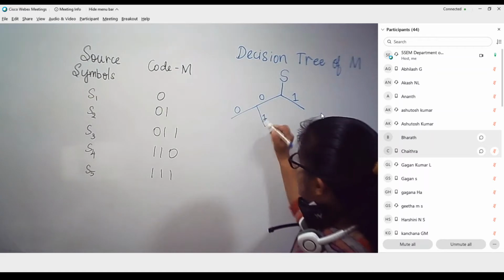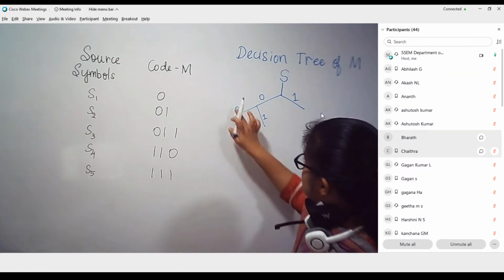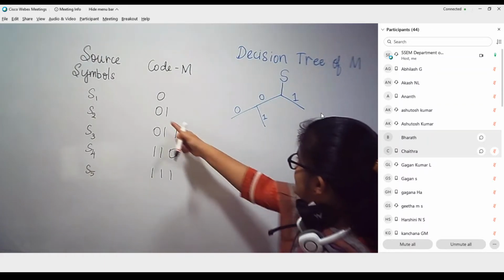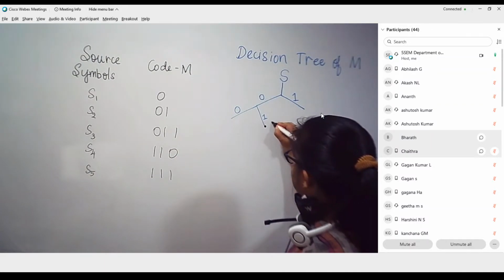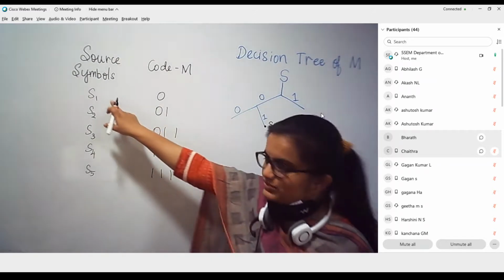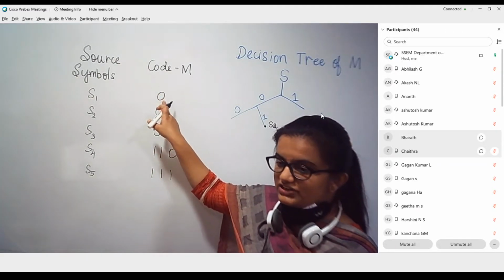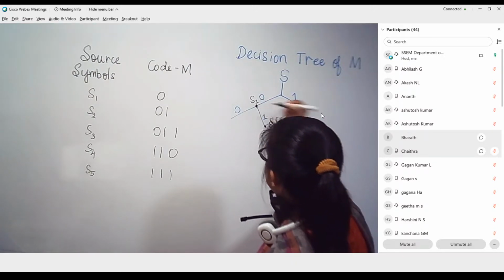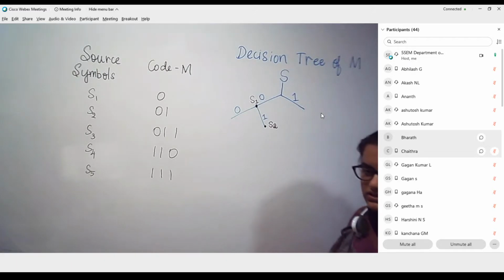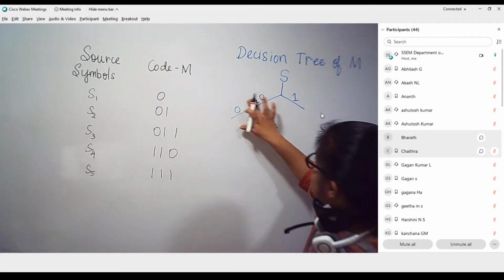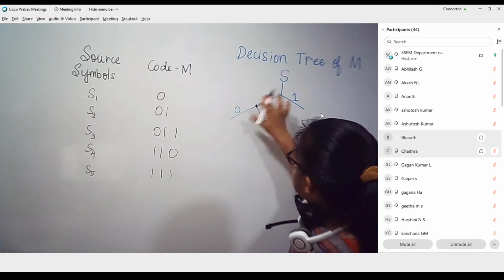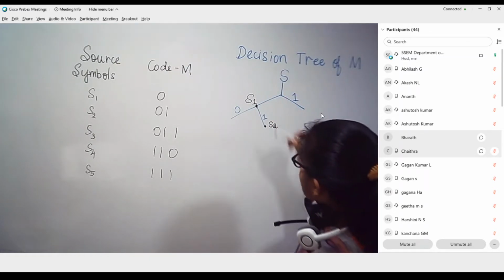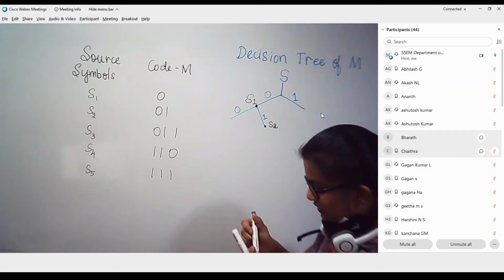But if you see here, there is no 0 0 combination, but there is a 0 1 combination for symbol S2. Where is symbol S1? Symbol S1 is only at the end of 0. So this is the point where S1 is present. Did I write it properly? At the end of 0, I have the symbol S1, and at the end of 0 1, I have symbol S2.